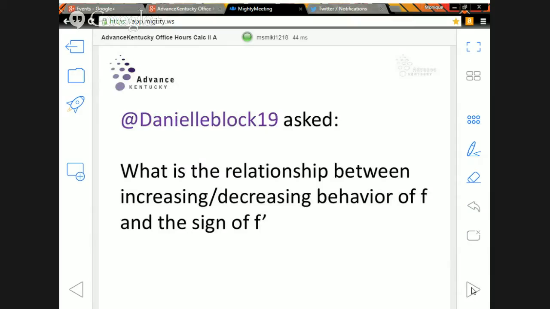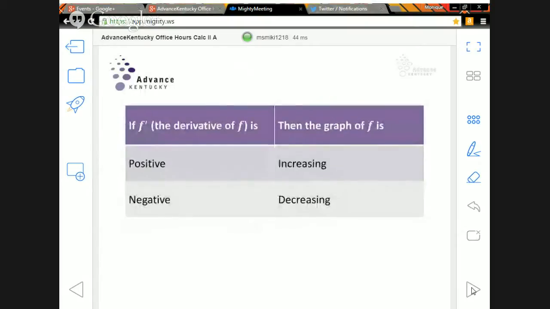When your graph is increasing, if the derivative is positive, the graph of f is increasing, and if the derivative is negative, the graph of f is decreasing.